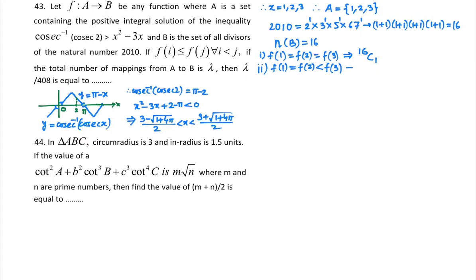So 16C2 ways. Now point number 3. Similarly, we can take F1 less than F2 now, but keep equality with F3. This is exactly similar to our previous one. So here also we will get 16C2.